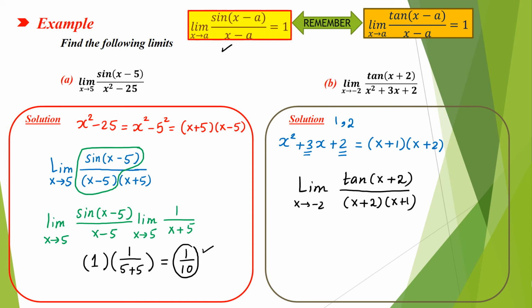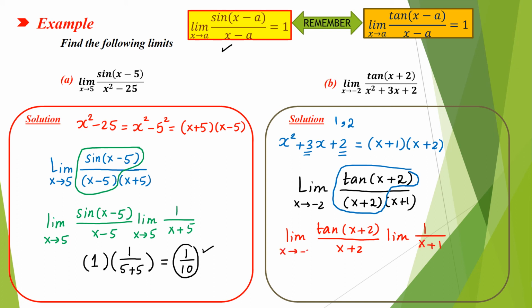Now you can split the limit, so we can write it as the limit of tan of x plus 2 divided by x plus 2 times the limit of 1 over x plus 1 when x goes to negative 2.